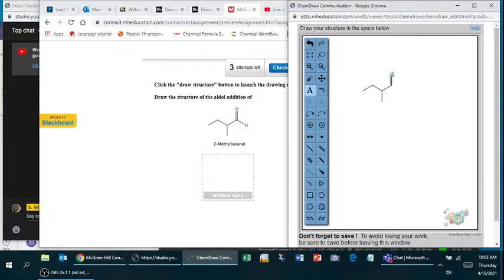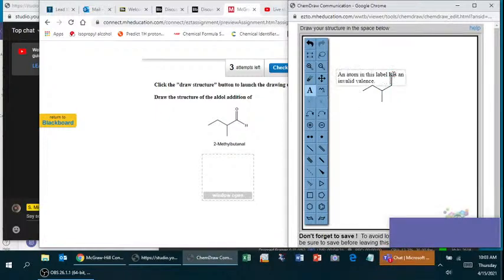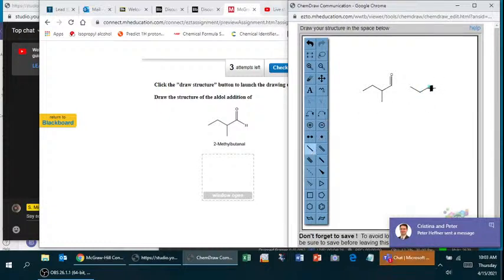So this is your starting aldehyde. And I'm going to draw the same aldehyde on the other side, just in mirror image.